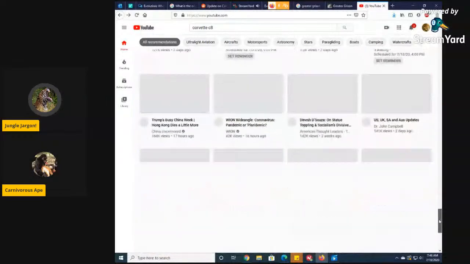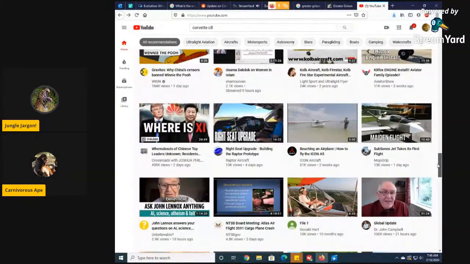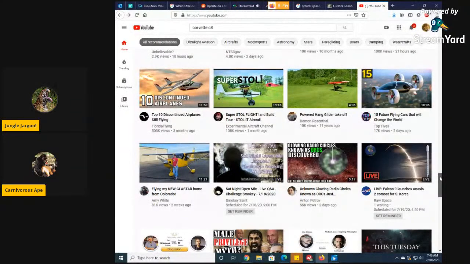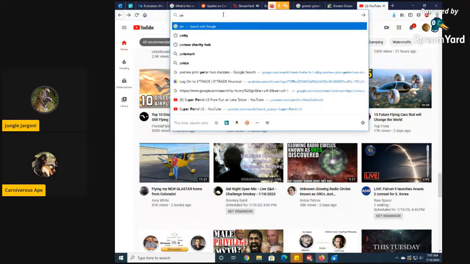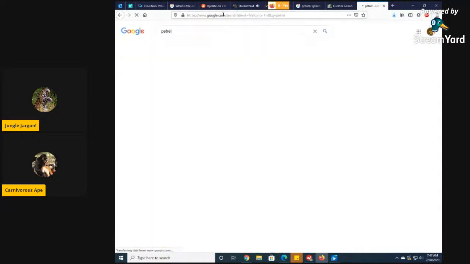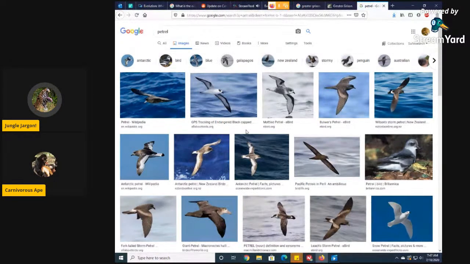Okay, you know what's a good one? A seaplane called, not this one here, this is an Icon. The other one is called a Petrel. What's a Petrel anyway? A petrel is a bird, I think. Yeah, there you go. That's a Petrel.